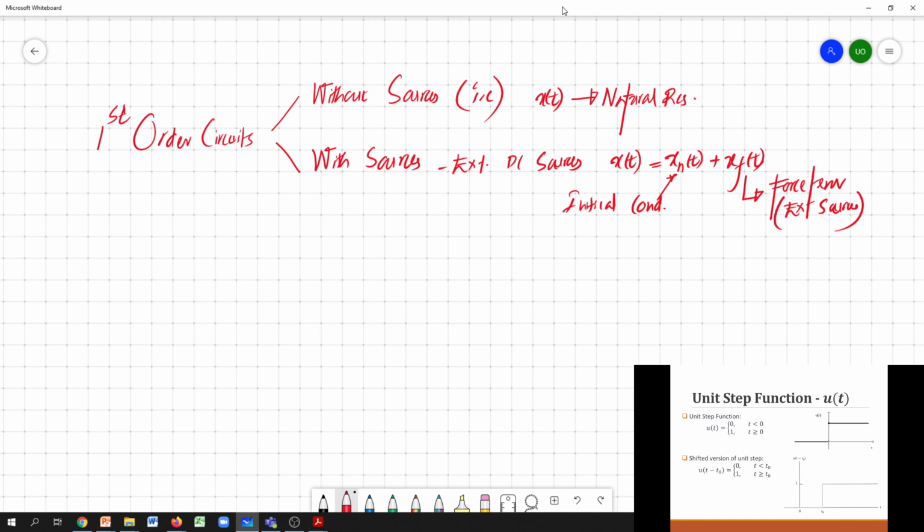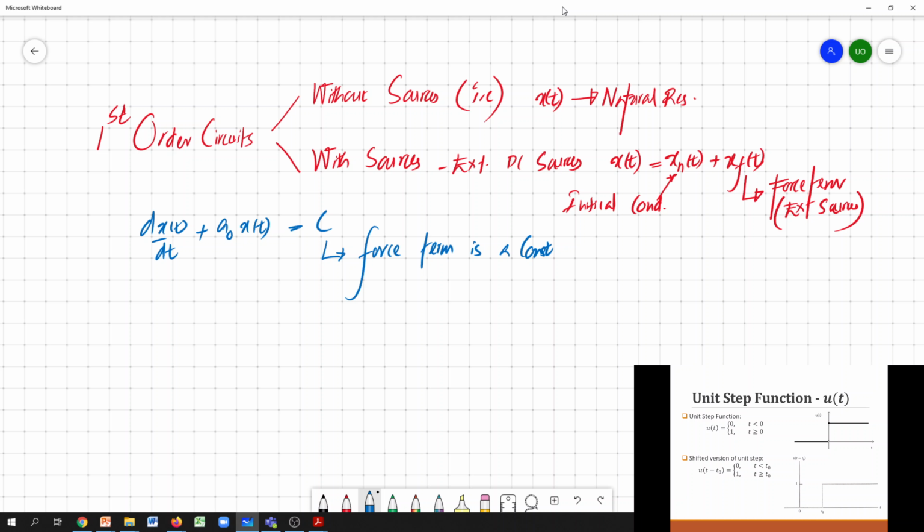Suppose you have a first order differential equation like this: dx(t)/dt plus a naught x(t) equals a constant c. We focus our discussion on DC sources, so definitely the forced term is a constant.